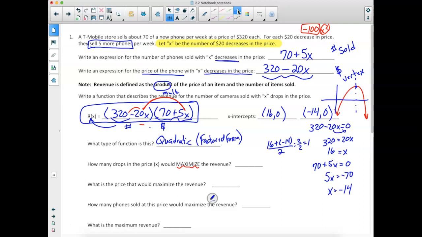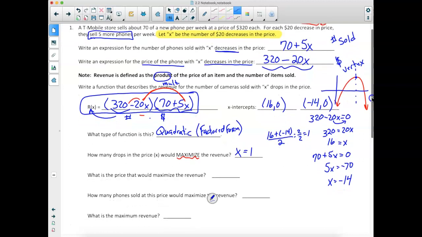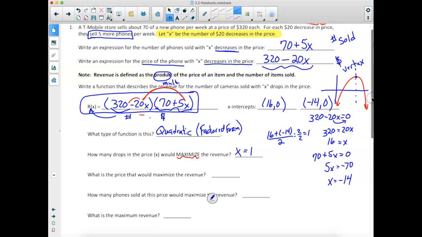So how many price drops? Remember, x is a price drop. If I drop the price once in this particular application, I'm going to maximize revenue. What is the price that would maximize revenue? Well, if I take my $320 and drop the price by $20 one time, that's right, it's a $300 phone.